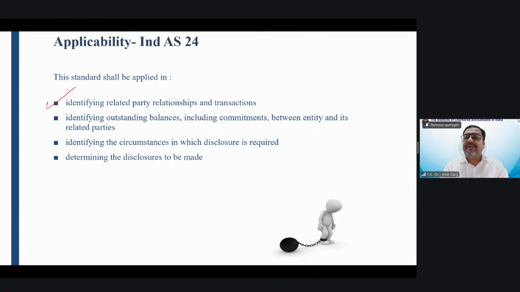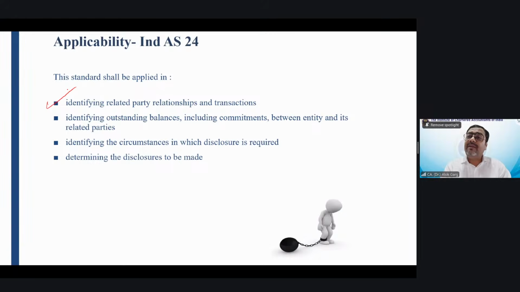I become an independent director in a Bharti Group company, Bharti Airtel Group company, and I also become an independent director in a Reliance Group company. Are Reliance and Bharti related parties? No. Reliance is the Ambani Group company and Bharti is the Mittal Group company.